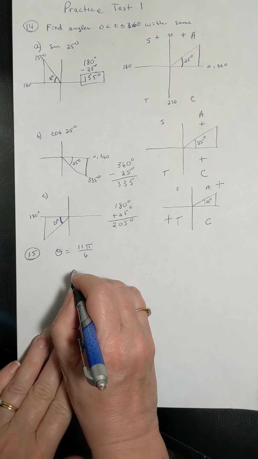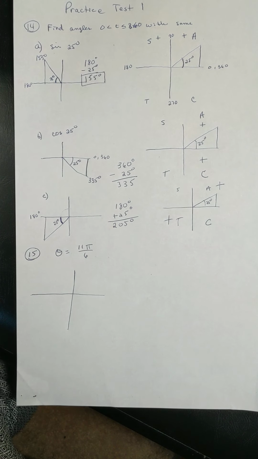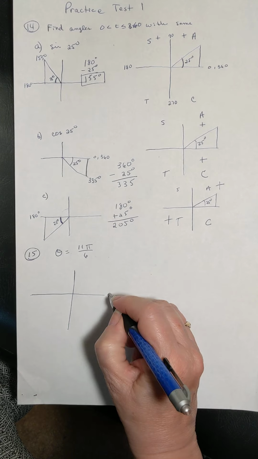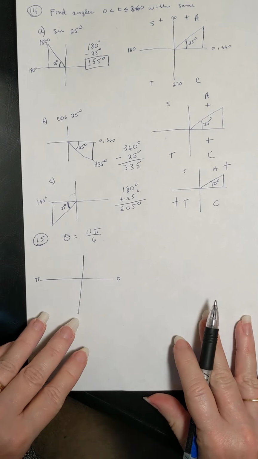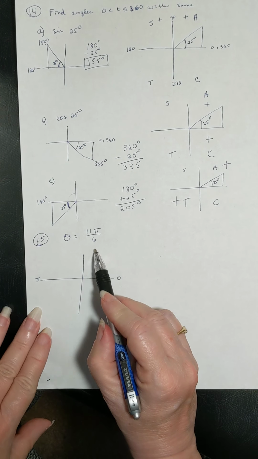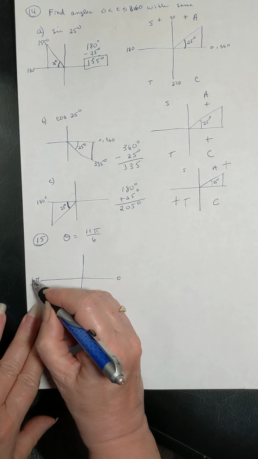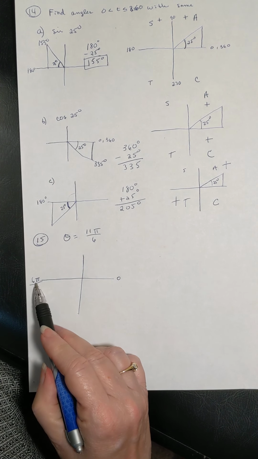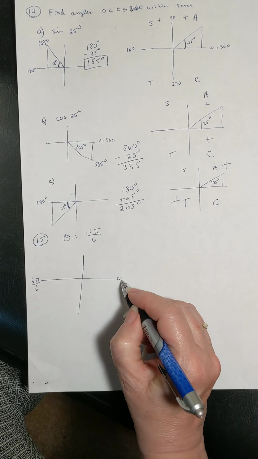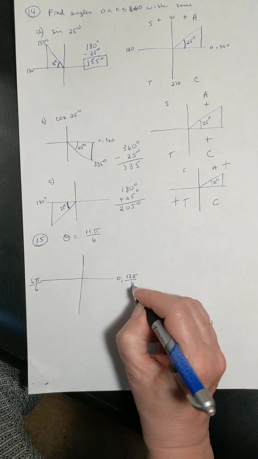All right, so what we're going to do here is draw our crosshairs, and here's 0, and here's pi. But we want our denominator to be 6. So I'm going to make this 6 pi over 6 by multiplying numerator and denominator by 6. And then this is 2 pi, so it'll be double that. So this will be 12 pi over 6.